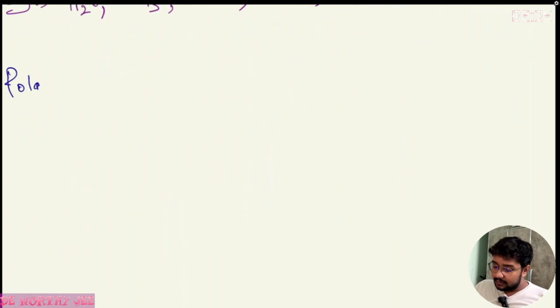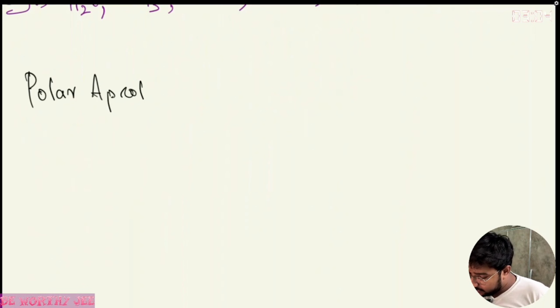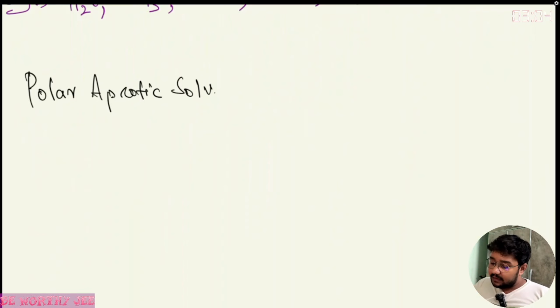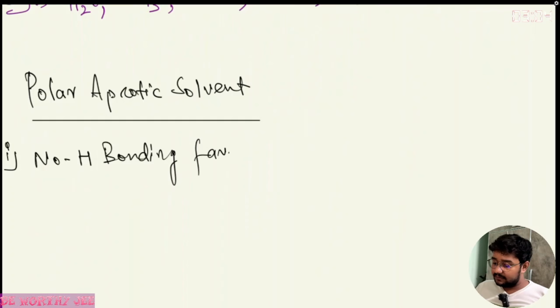I must write the heading: polar aprotic solvent. So in the polar aprotic solvent, no H bonding is favored. Mu is not equal to 0 because it is polar. No hydrogen bonding formation.